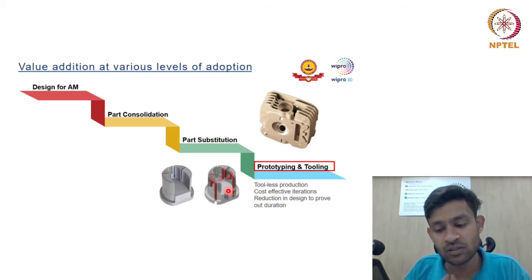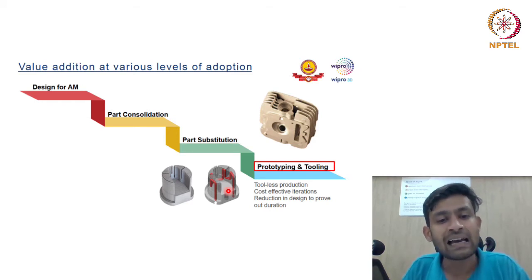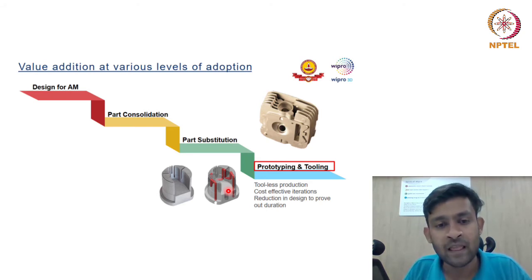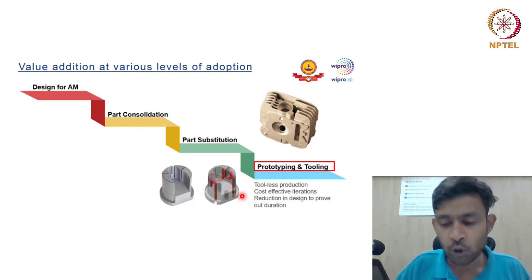If in a day I was able to produce 2000 parts, with the help of conformal cooling channels, in a day I will be able to produce 2500 parts or maybe 3000 parts. So the numbers are just indicative, but that was about tooling.